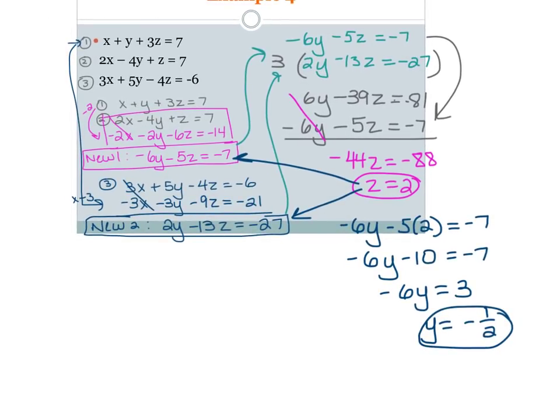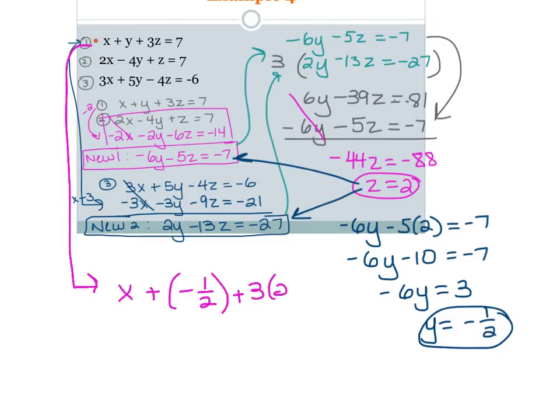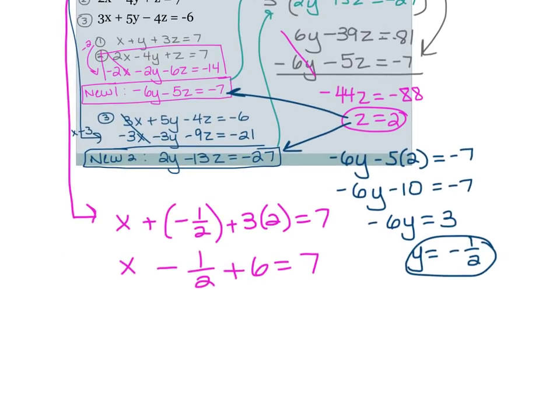And then the last one, I've got to plug it into one of the original ones. So I'm going to drag down the first one, x plus y, which is negative 1/2, plus 3 times z, which is 2, equals 7. x minus 1/2 plus 6 equals 7. x plus 5 and 1/2, so this becomes 11 halves equals 7.